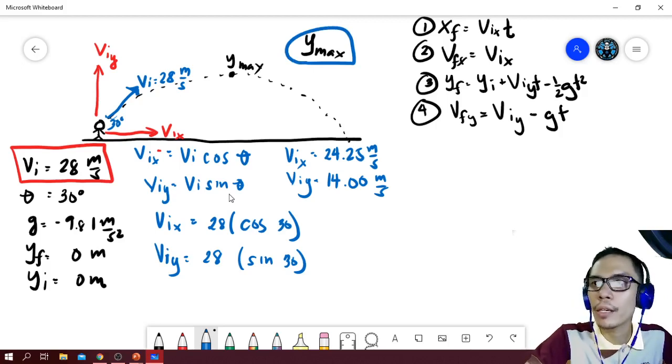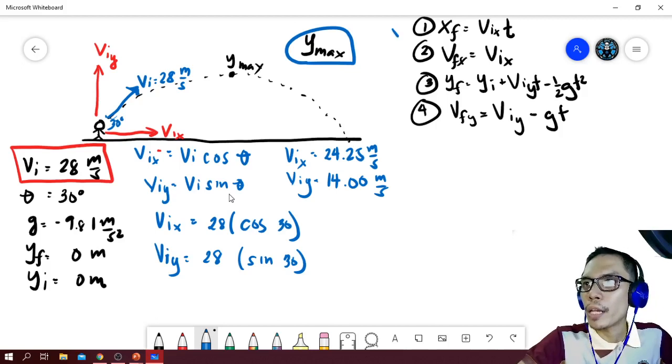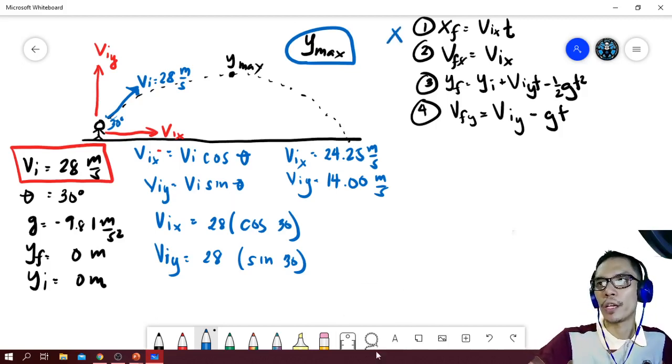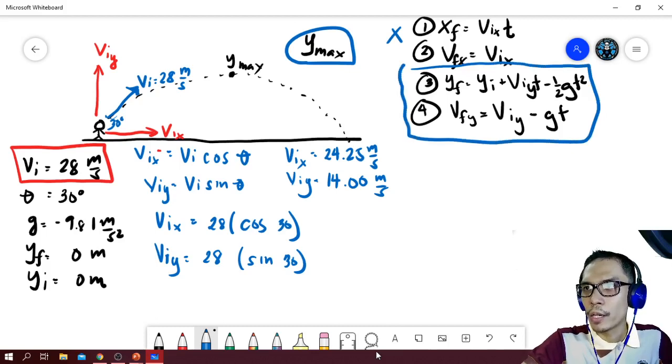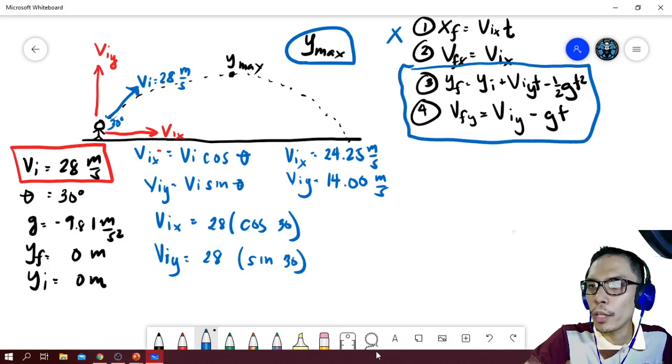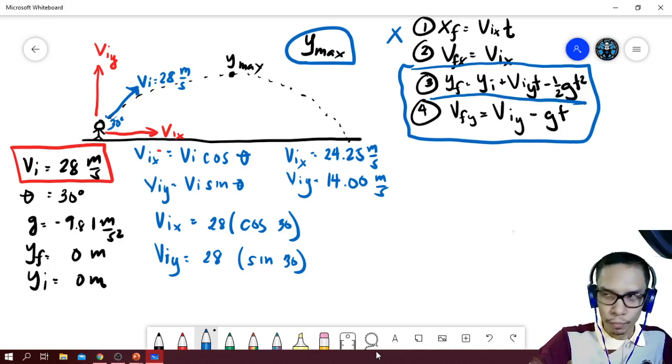Now, since we have v sub ix, there's no range stated here, so we will not use these two formulas. We will use only this one that we have right here. To compute for the y max, we will use the formula number 3.